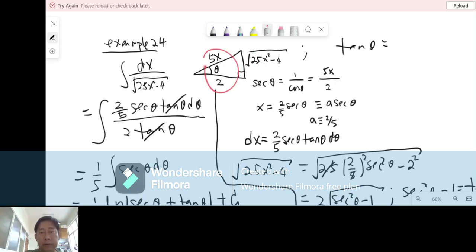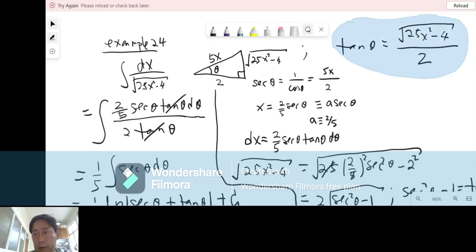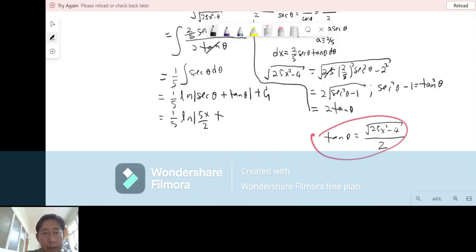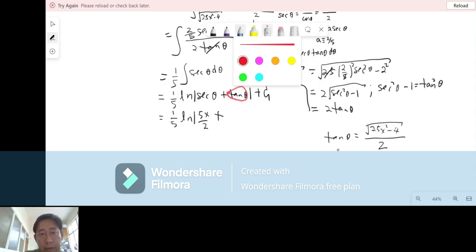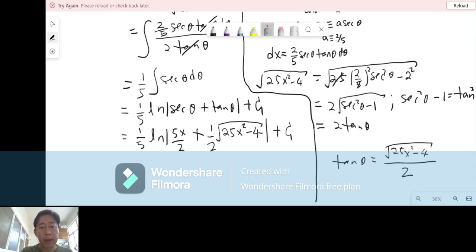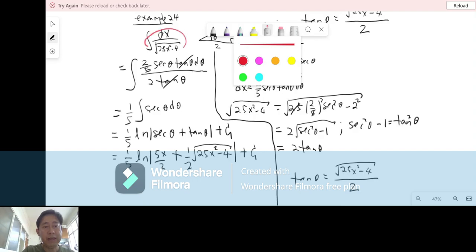Tangent theta is equal to the ratio of the opposite divided by the adjacent. So I'll copy this tangent theta expression and paste it here so that I can refer to it to write down the expression of tangent theta in terms of x. So we have completed the integration of example 24, and this is the result of the integration.